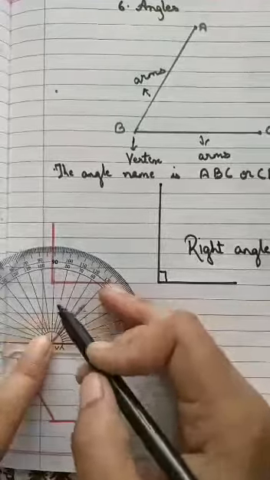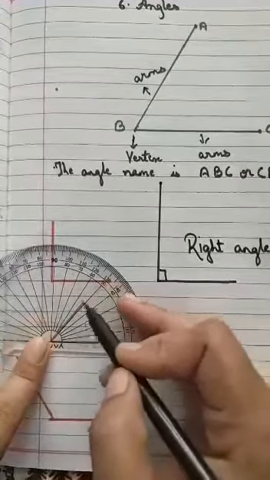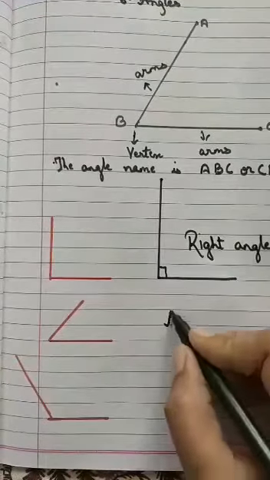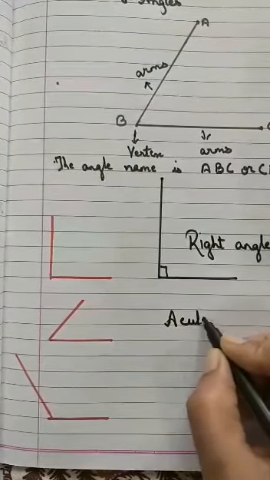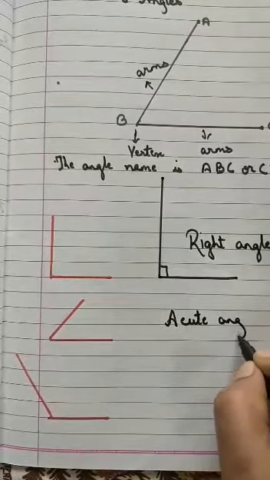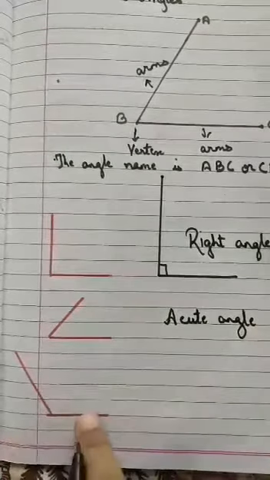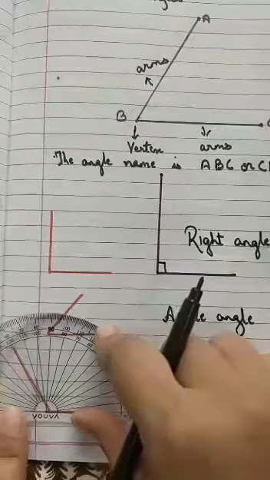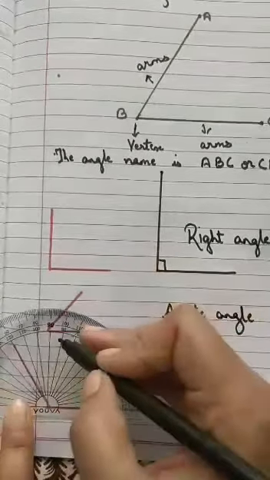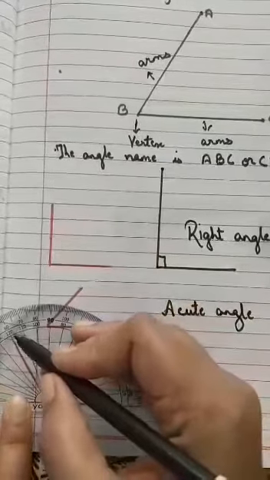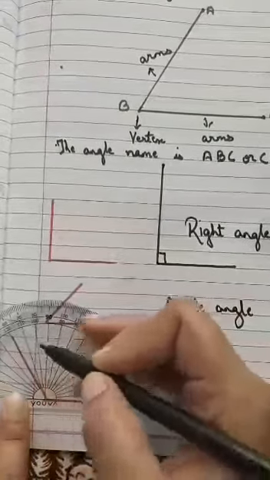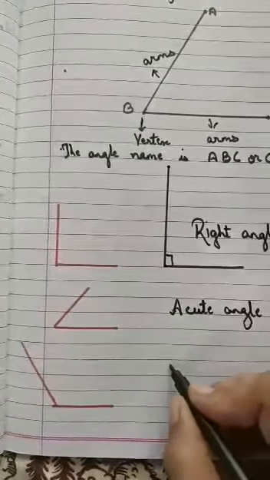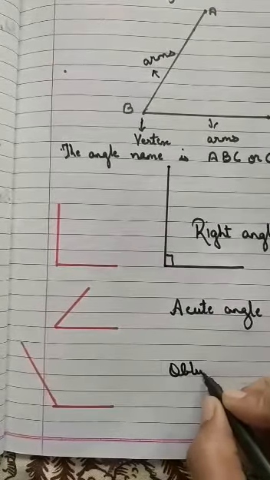See here, this is 90 and here it is less than 90, that is 50. Such an angle is known as an acute angle. What is it known as? Acute angle. And the angle whose measurement is more than 90 degrees. See here, this is 90 and this is 120. More than 90? Yes. So such an angle is known as an obtuse angle.